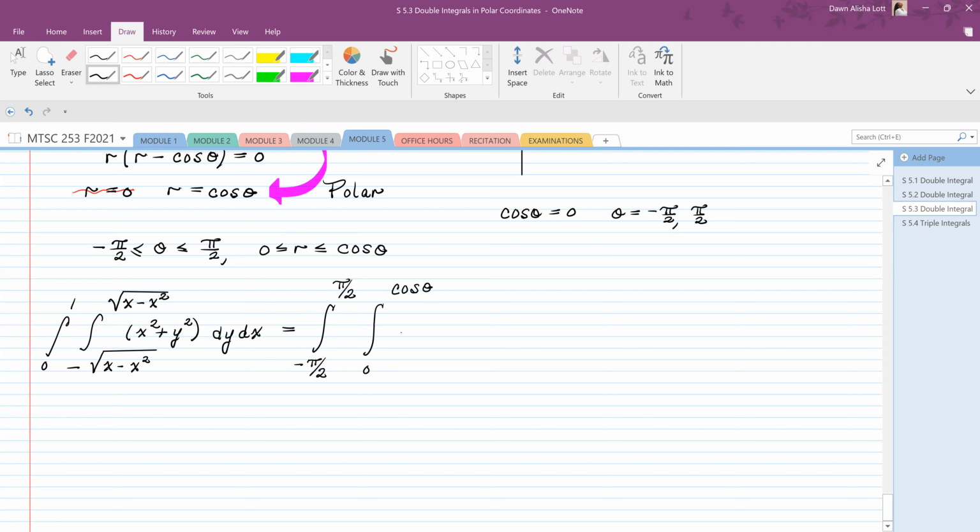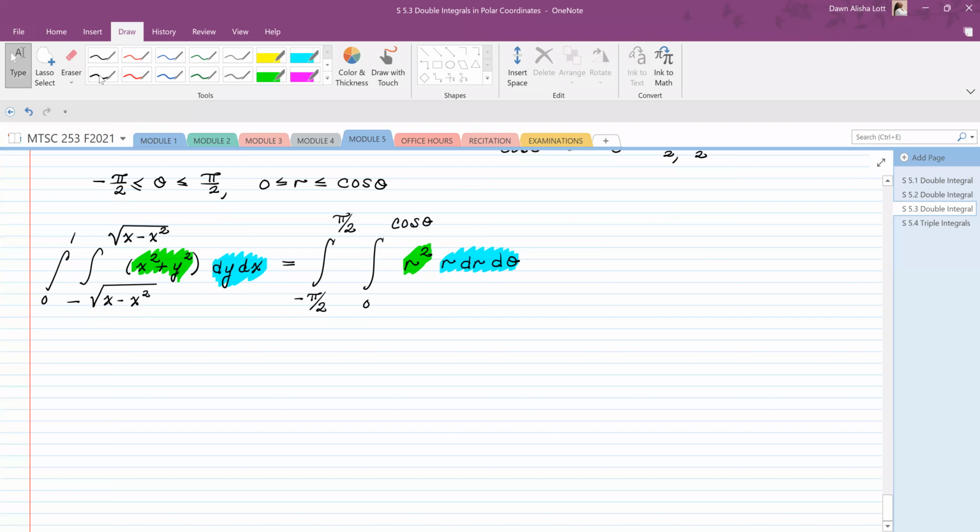x squared plus y squared becomes r squared, and dy dx becomes r dr d theta.